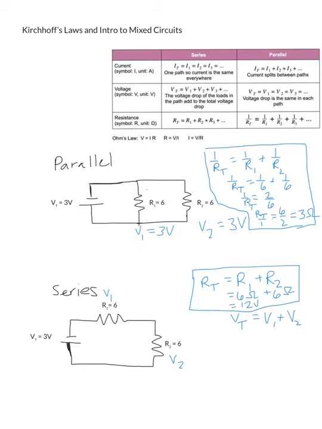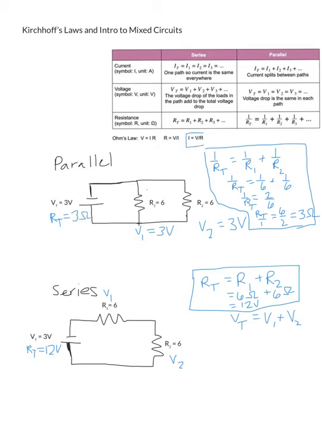Once I know RT, the equivalent or total resistance, I can find the total current. To do this, we will use Ohm's law, the version to find current.